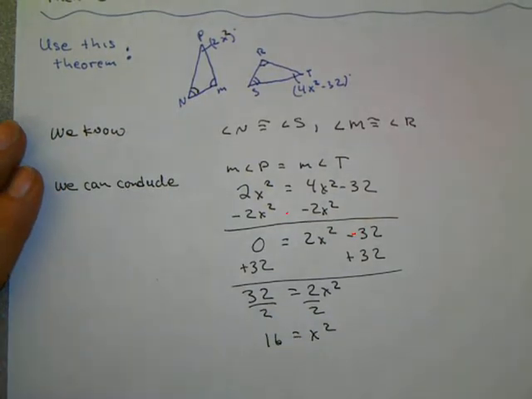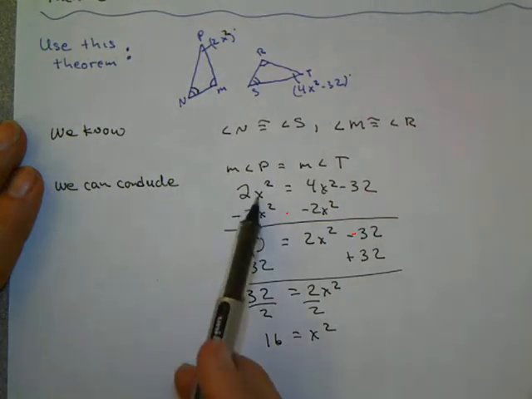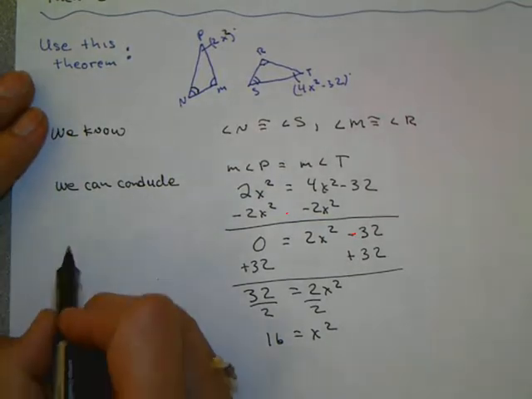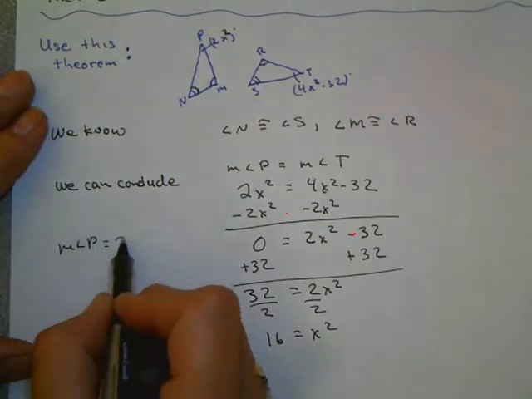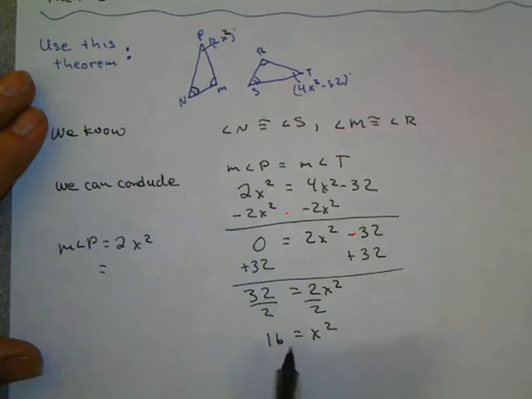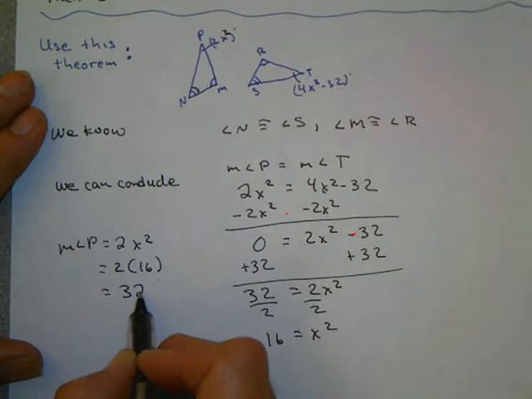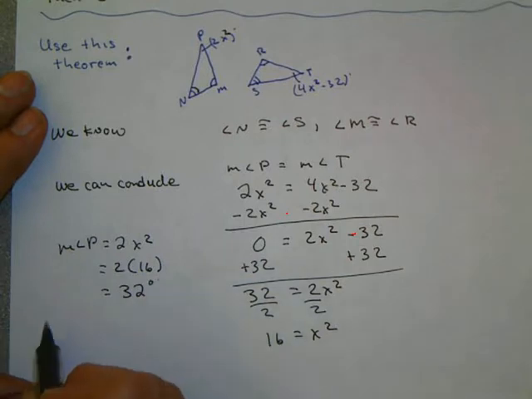Divide by 2 and get 16 equals x squared. Now I could go further, but I see no need to because the variable in both these expressions is x squared. So that tells me that the measure of angle P is 2x squared. So if I put in 16 for x squared, I've got 2 times 16, and I have 32 degrees.